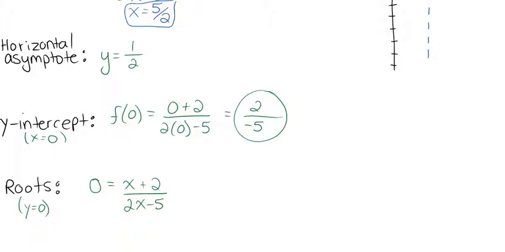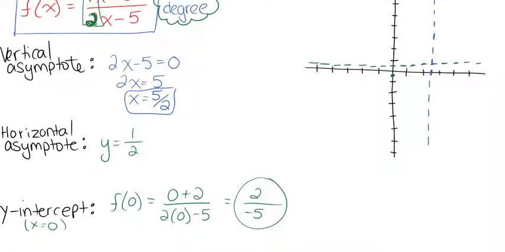If we're trying to solve this equation, we only really care about the numerator, because we're going to multiply each side by 2x minus 5 so that those cancel out on one side, and 0 times anything is just 0, so really we're left with 0 equals x plus 2. Like I was saying, we only really care about the numerator when we're trying to find the roots, or the x-intercepts. So that means x is equal to negative 2.